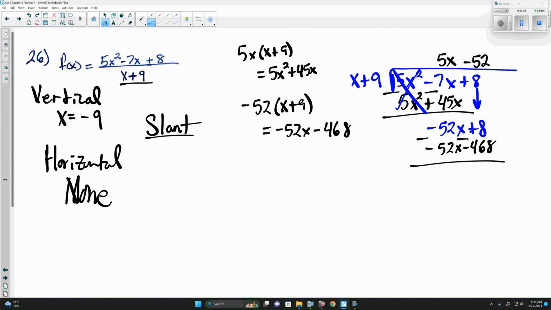And again, we would subtract. Negative 52x minus 52x is 0. Here the negative and negative make a positive, which gives us 476. Now we're not too concerned with the 476, the remainder. We just want this here. So our slant is y equals 5x minus 52.